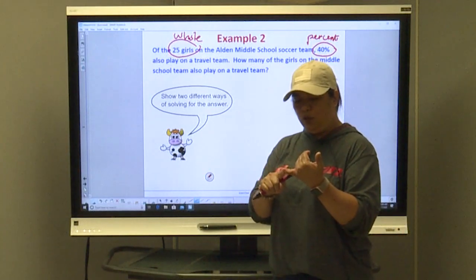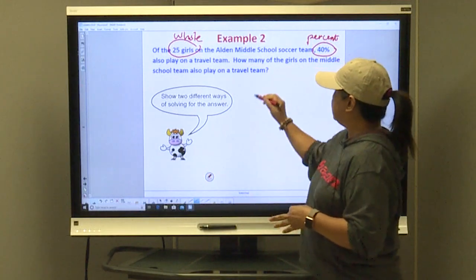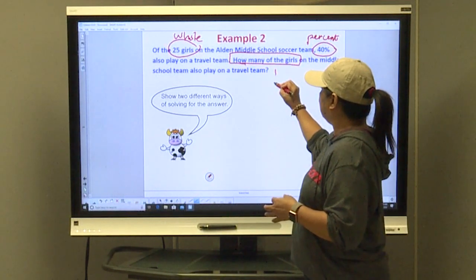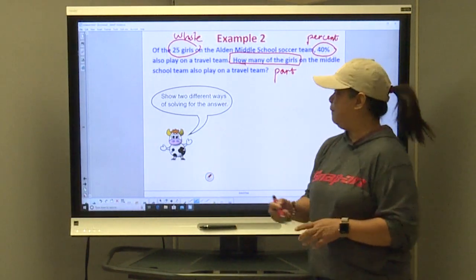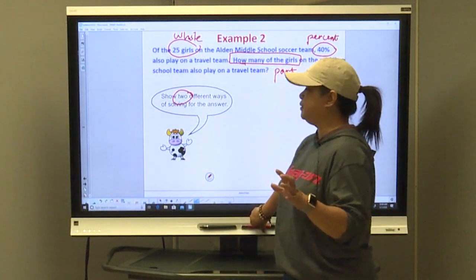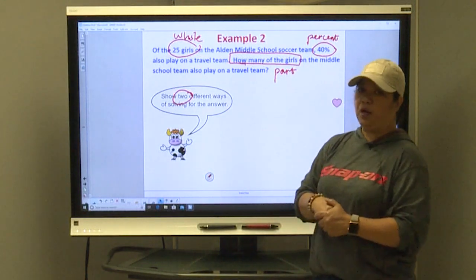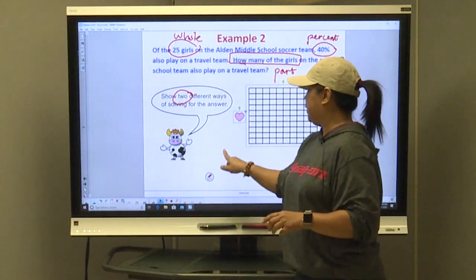We have the whole, we have the percent, we have the part. It's asking you how many girls. Okay? So this is what we're looking for. The part. Okay? Another way, 2 different ways to use on this problem. Okay? So let's use this strategy right here.